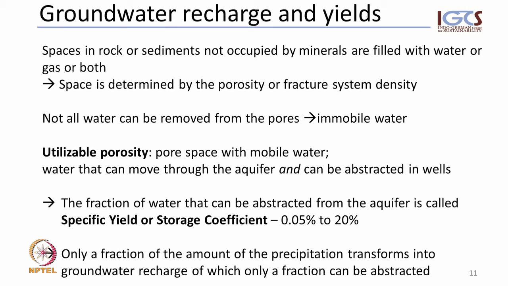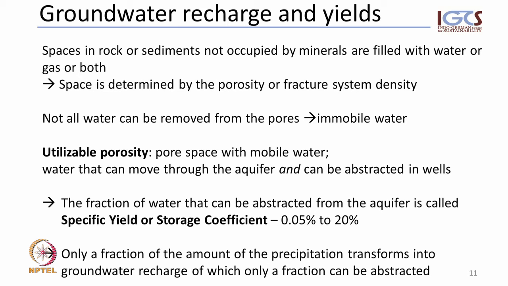So we have to keep in mind that only a fraction of the amount of precipitation reaching the surface transforms into groundwater recharge, and only a fraction of this groundwater recharge will we be able to abstract from our aquifer system again.